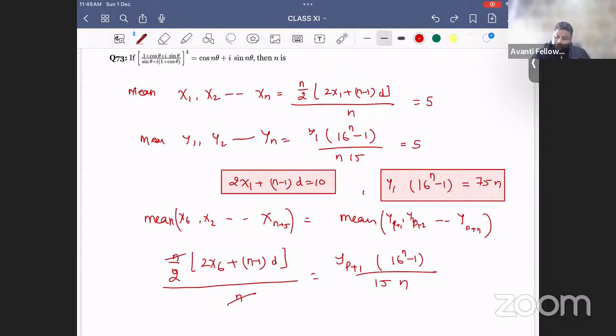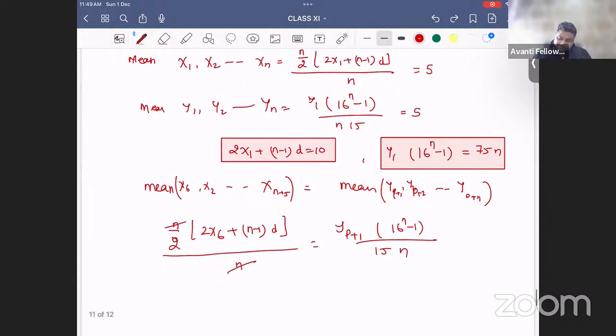So twice of this x6, forget 2, this will be x6 plus (n minus 1) into d by 2 is yp plus 1 into (16 to the power n minus 1) upon 15n. Am I clear?